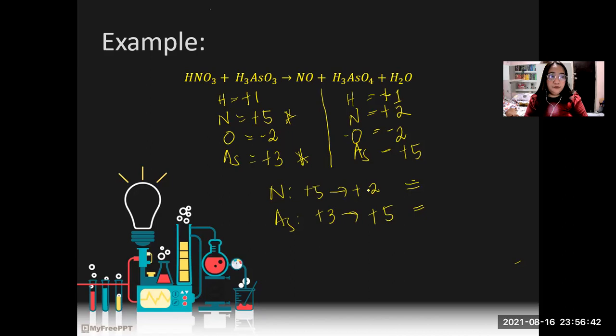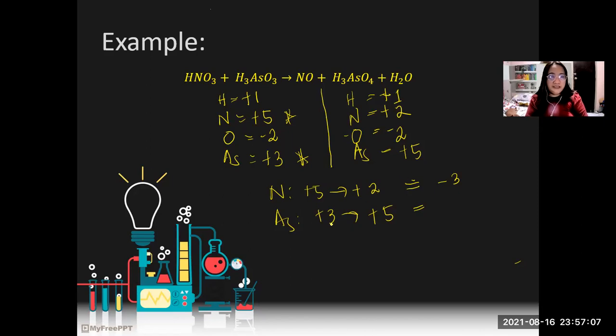You can actually see it right away. From positive 5 to positive 2, meaning what happened? It gained electrons because it became a little negative, or the number decreased. So there's actually a negative 3 change in oxidation number. Okay, that's positive 5 minus 3, that's a positive 2.